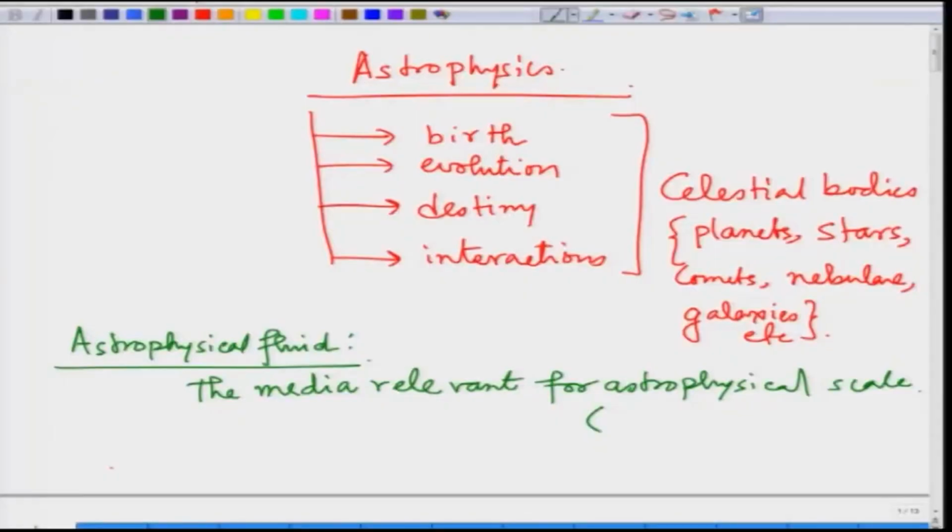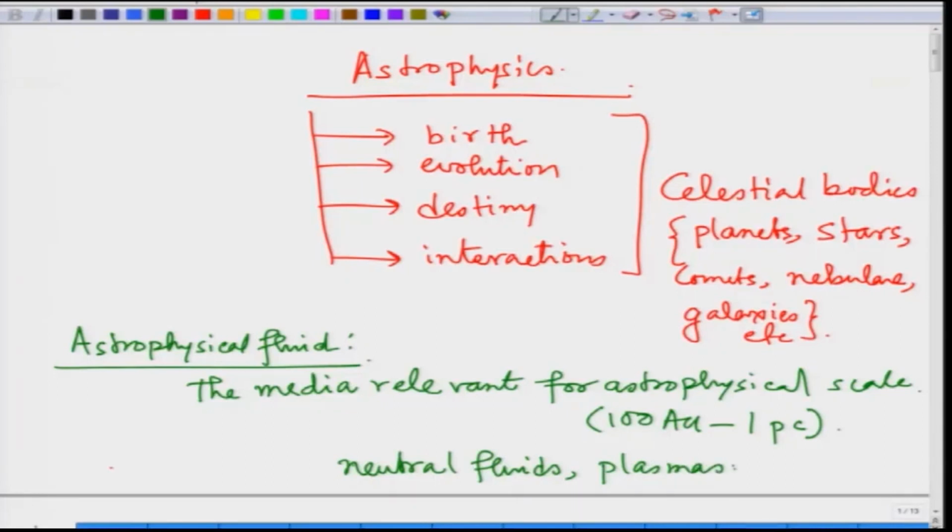I leave this as an exercise to you, the students, to search and learn what the basic definition of parsec is. This is also very interesting. Now, in this astrophysical scale, which varies between 100 astronomical units and, let us say, 1 parsec, what are they? They can be simple neutral fluids, they can be plasmas.